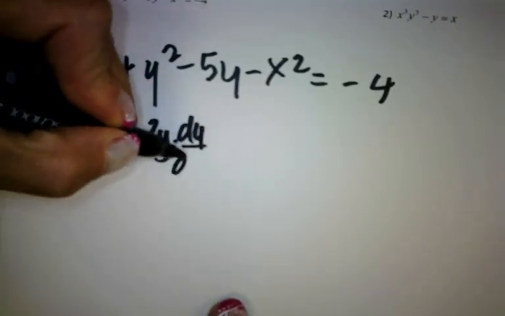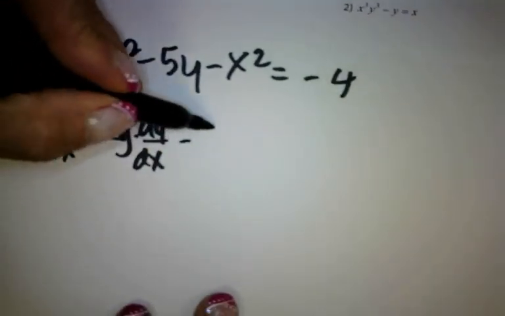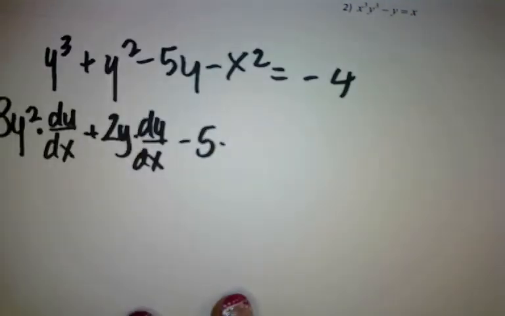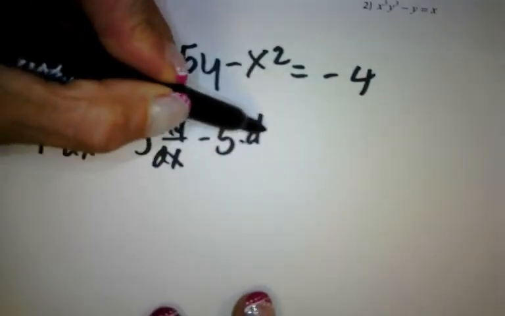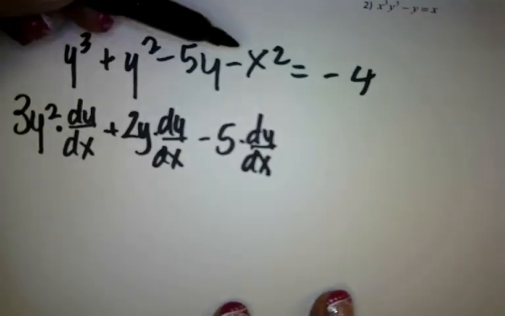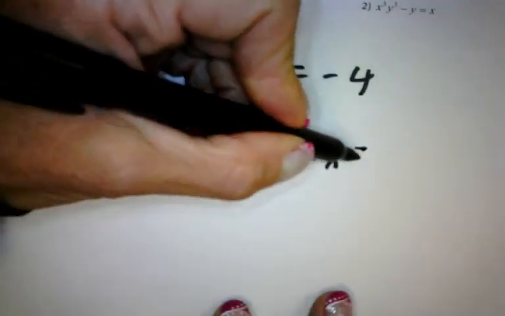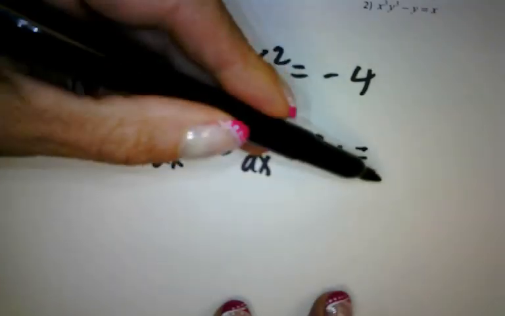The derivative of negative 5y is negative 5, but I took the derivative of a y part, so I multiply by dy over dx. I have a lot of dy over dx's. The derivative of negative x squared, that's just normal, negative 2x. Now, be aware here, the derivative of a number is 0. So that side's 0.